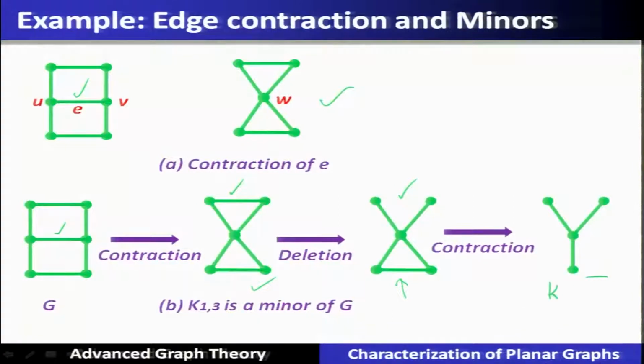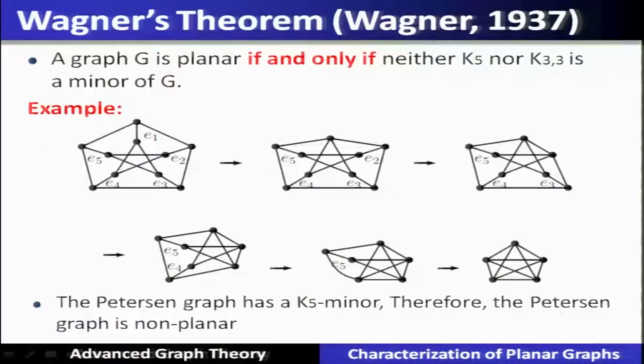So, this graph is called K13, hence we can state that K13 is a minor of graph G, or G contains K13 as the graph minor.